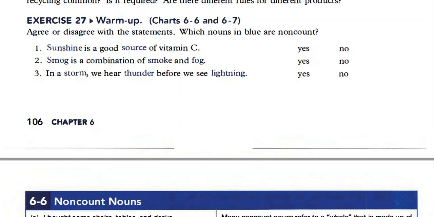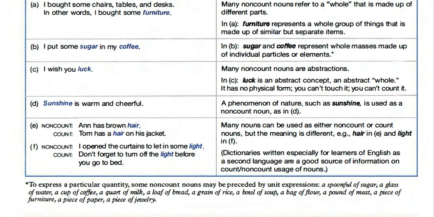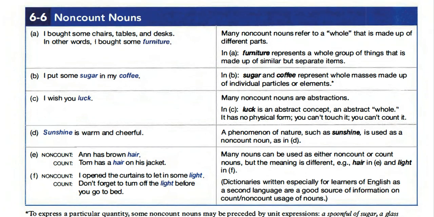Let's move to the next part, which is too hard, I think, for some students. Non-countable nouns, section 6.6. Here we have to understand how we deal with non-countable nouns by adding expressions like some.